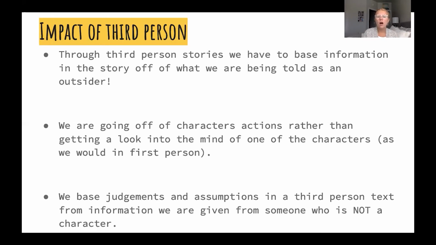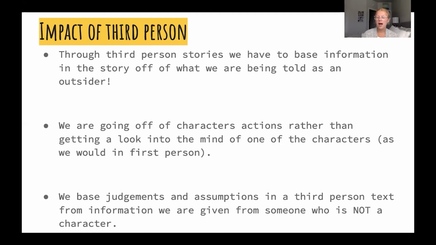We are going off of characters' actions, rather than getting a look into the mind of one of the characters, as we would in first person. So we are going off the characters' actions and the way the characters are acting to make our own judgments and assumptions. And we base our judgments and assumptions in a third person text on information given to us by someone who is not a character.